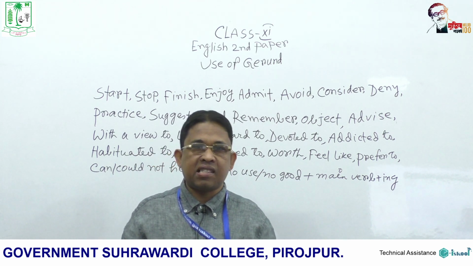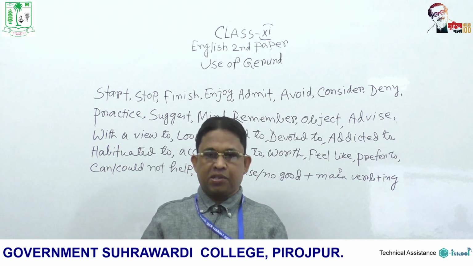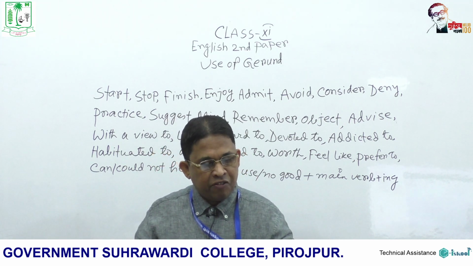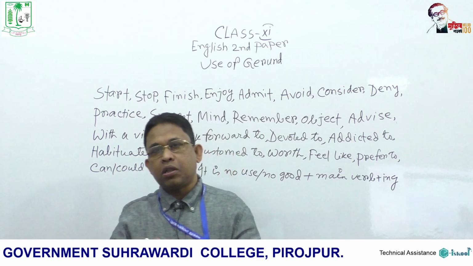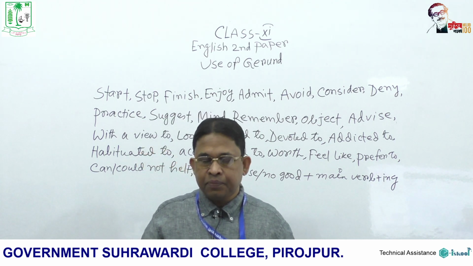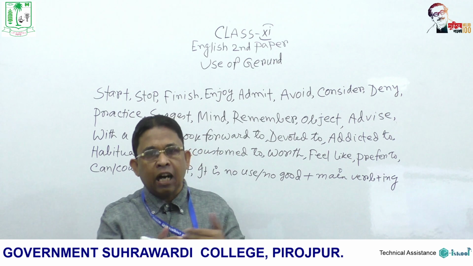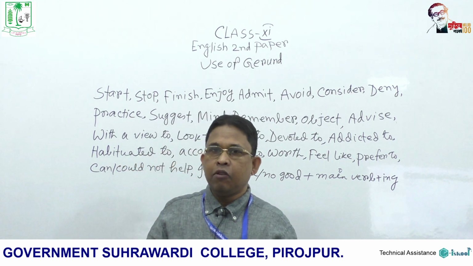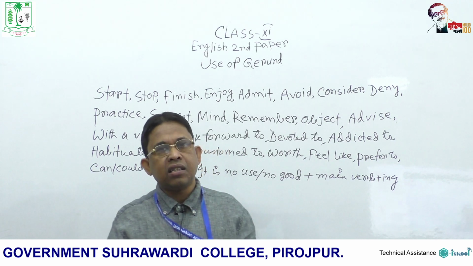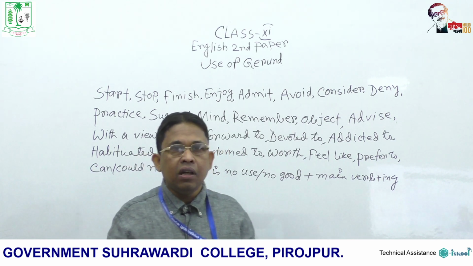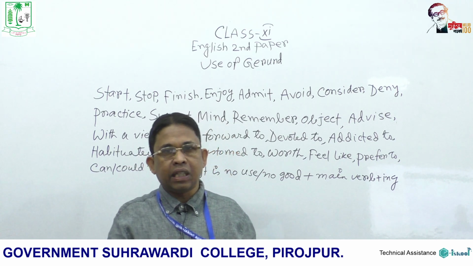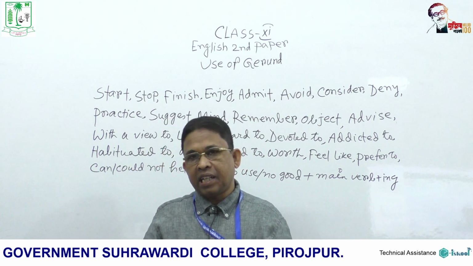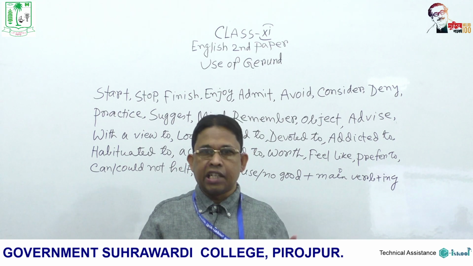We were discussing the basic differences between gerund and present participle, and we found that both present participle and gerund derive from, come from, originate from verb. They also end in ing.